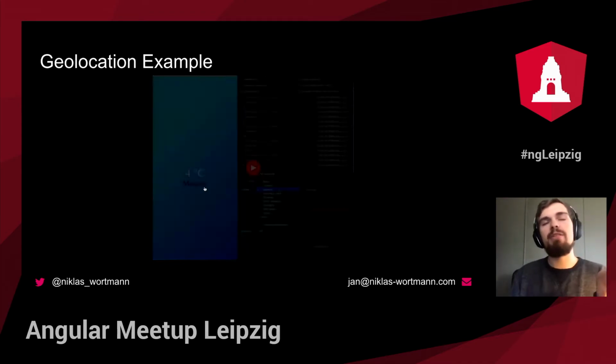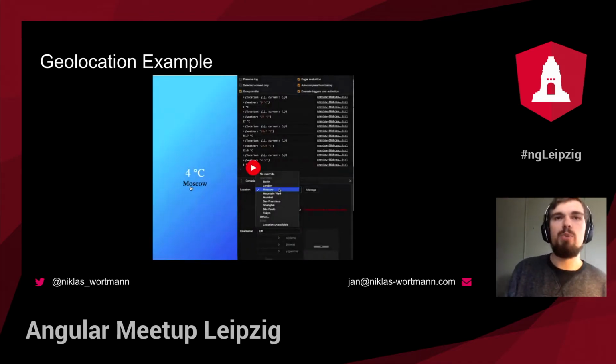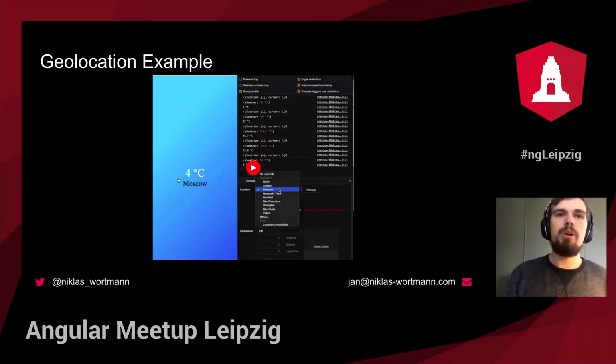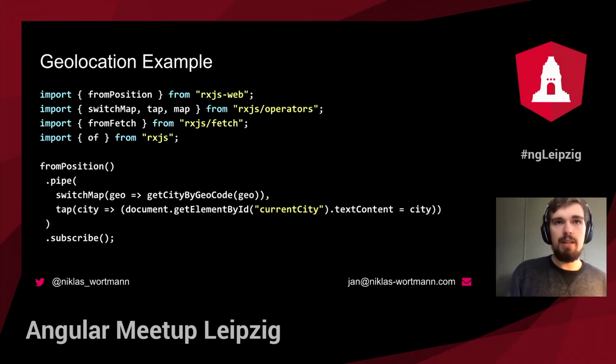So it's actually two HTTP calls. One is for geolocation to city, and one is then for city to get the temperature. So there are two different HTTP APIs providing that information.